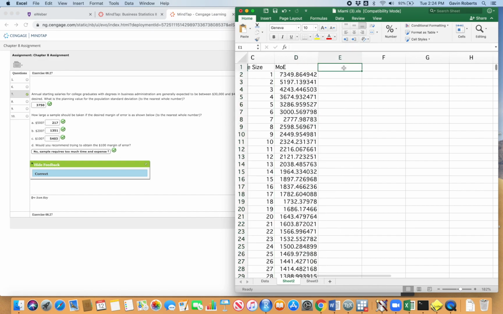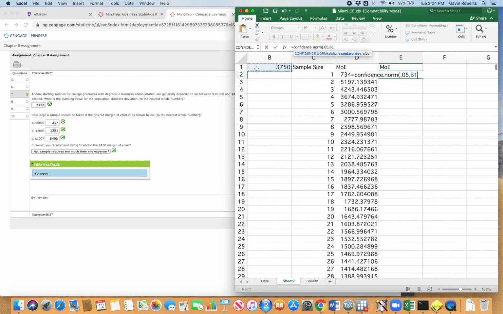Another thing we could check out: MOE would be equals CONFIDENCE.NORM, because this is the other way to do margin of error. 0.05, because the alpha is the opposite of the confidence level. The confidence level is 95%, so the alpha is 5%. The standard deviation is that planning value, comma, the size is this guy.